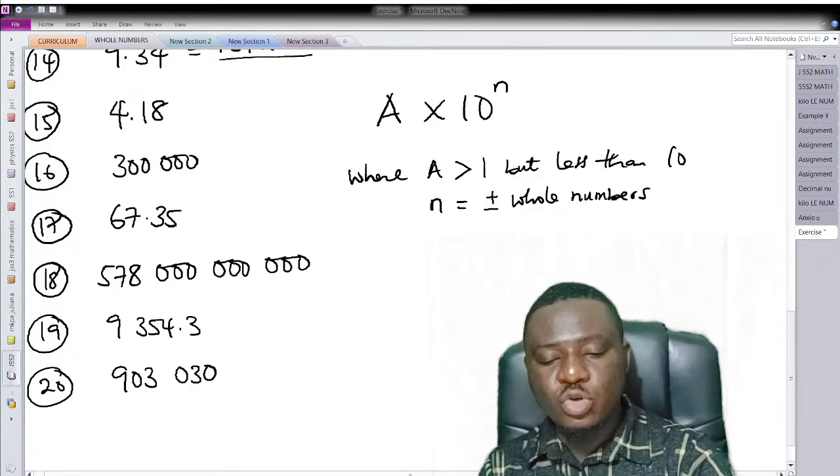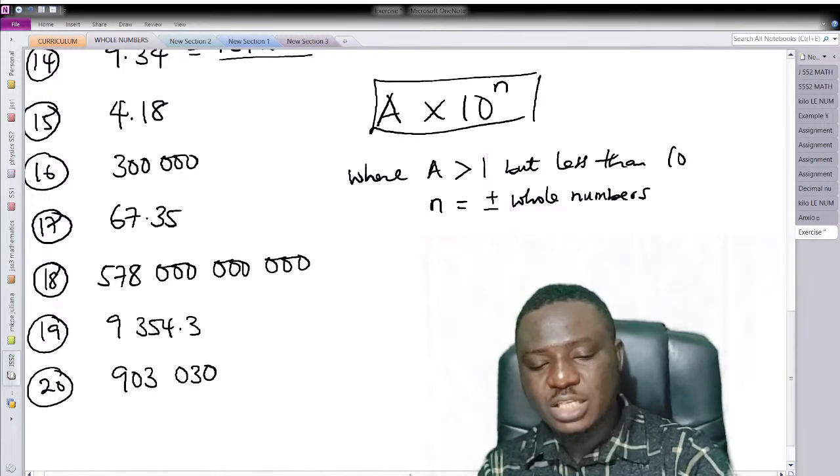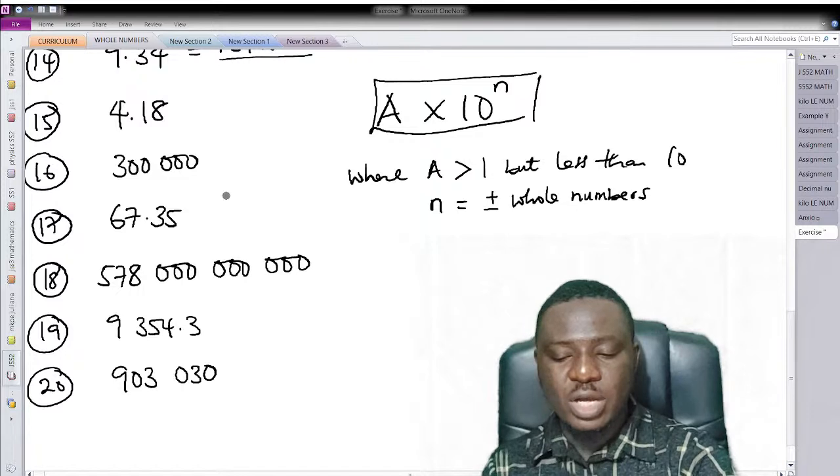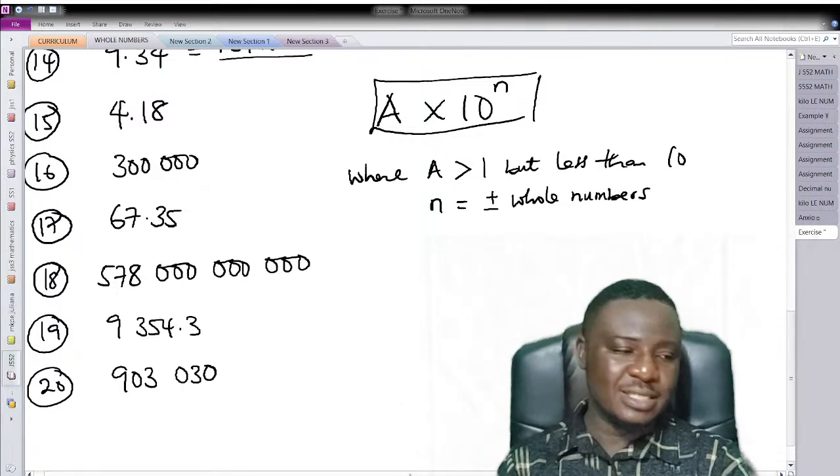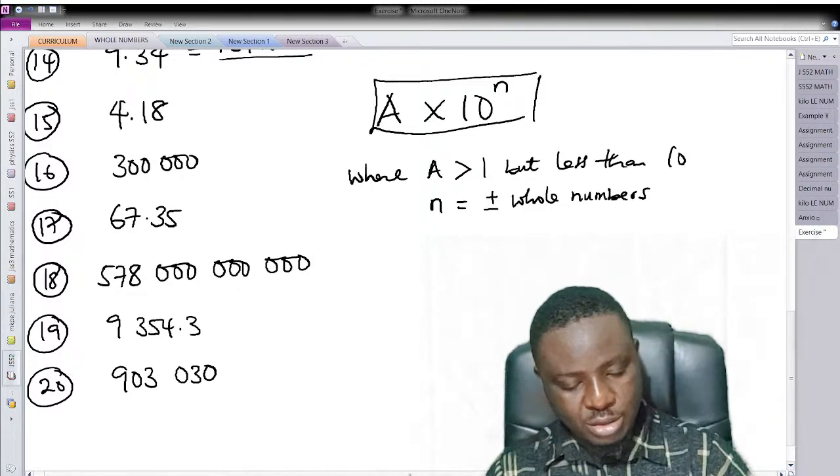So you are to use this to express each of these numbers, using this as a guide. So let me see your solution.